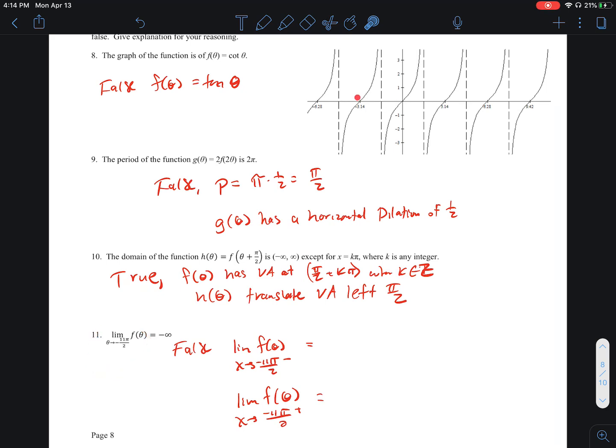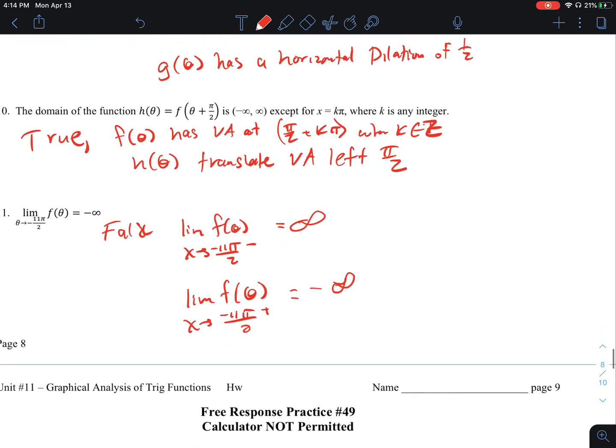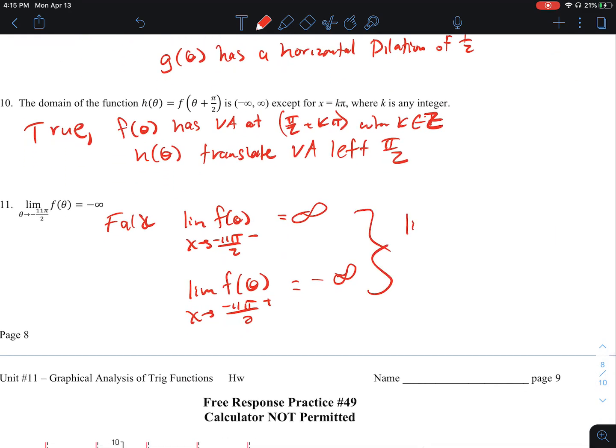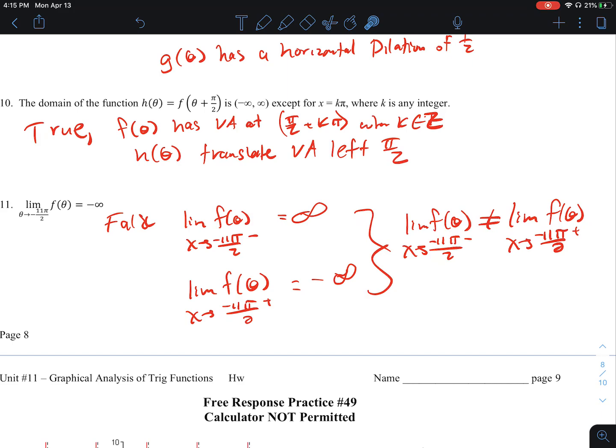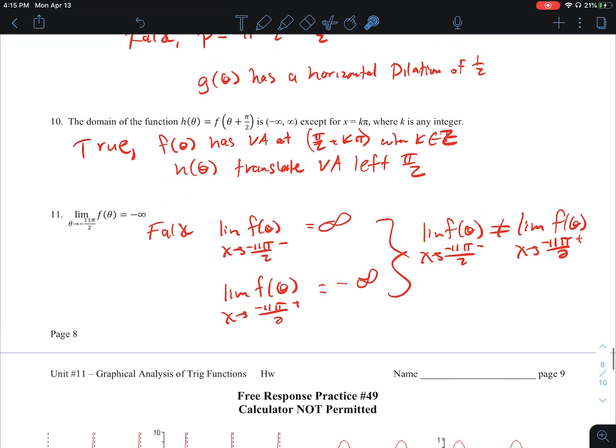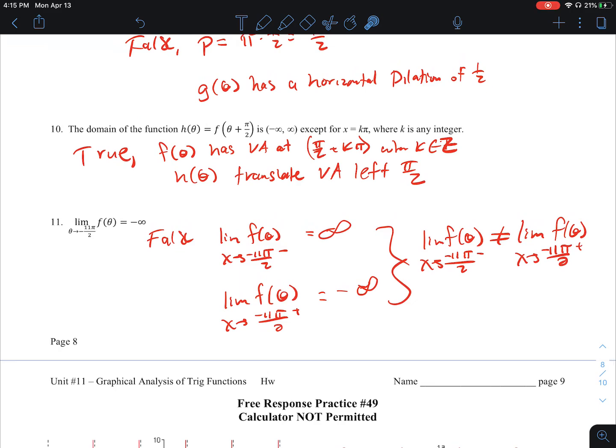If you approach from the left, it's going to infinity. If you approach from the right, it's going to negative infinity. The limit from the left is not equal to the limit from the right. If this doesn't make 100% sense to you, I apologize, but it will when we do the first chapter of calculus, which is going to happen sooner than you think. That concludes the homework.